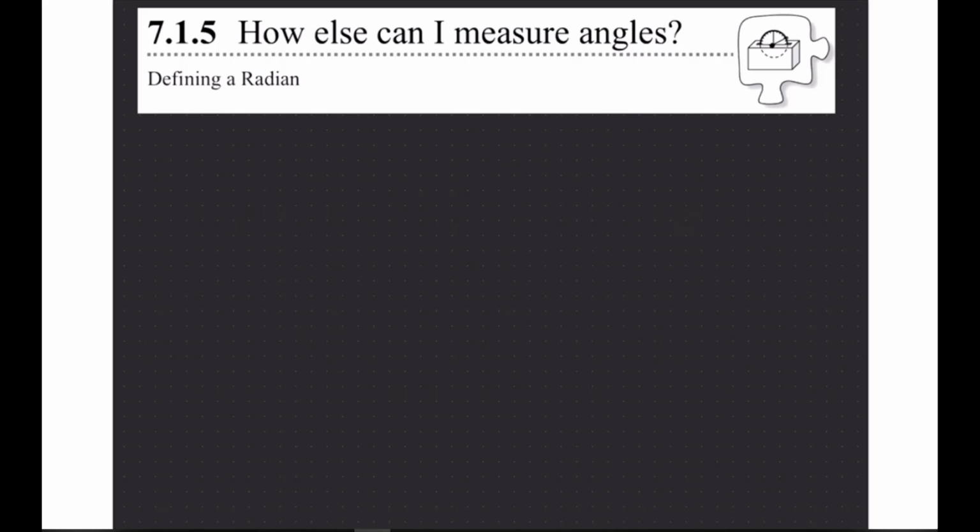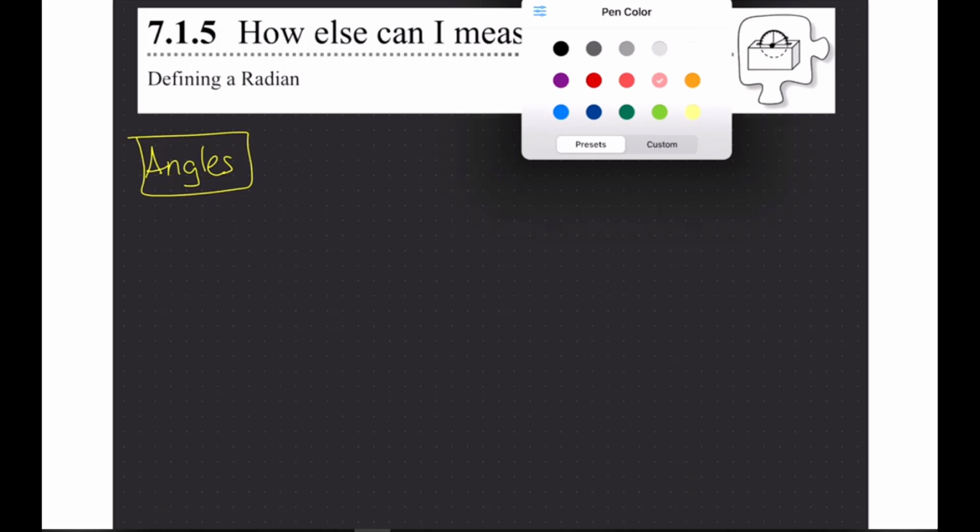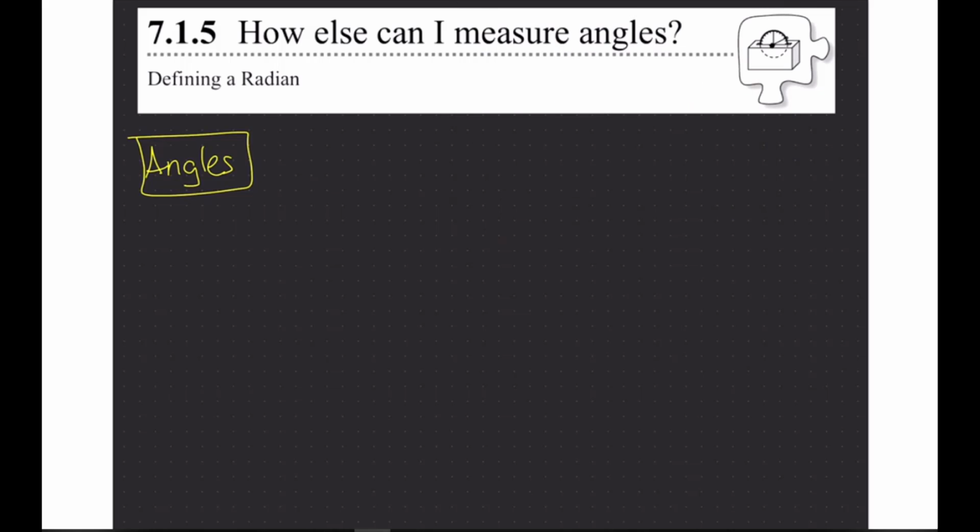So let's talk about angles for a second. If we wanted to make an angle, we use what's called the standard position. We have our x and our y axes. And when it comes to drawing out our angles, we always start at the origin.